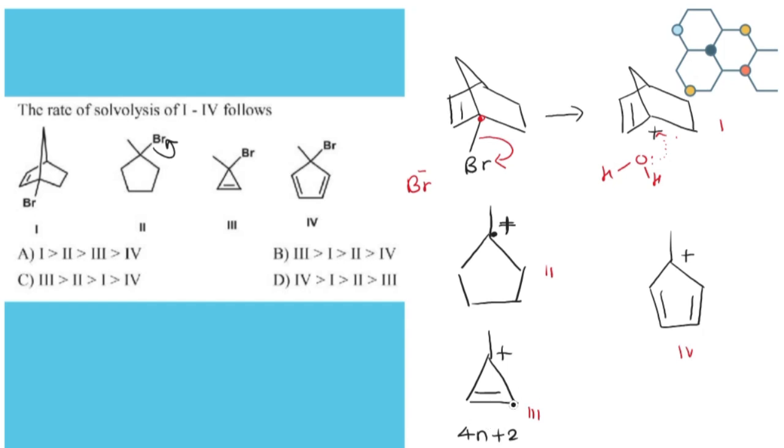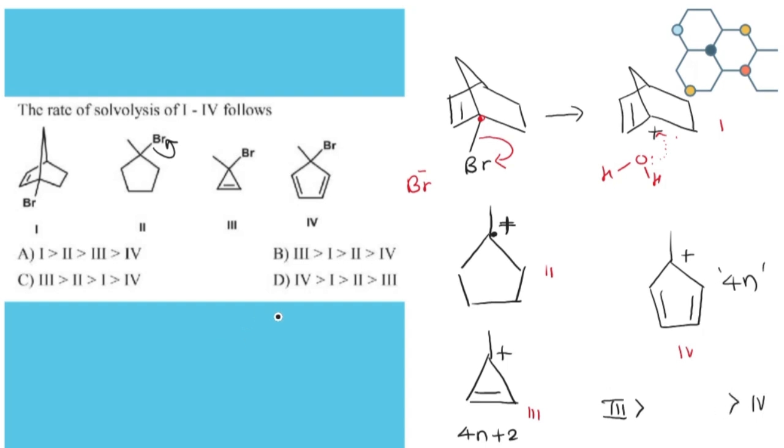Therefore, this is more stable. That means it is undergoing the highest solvolysis. So, 3 is the highest. Which is the least? Whichever is part of the anti-aromatic. As I told you earlier, this is anti-aromatic as it is cyclic, planar, there is conjugation and it is obeying Huckel's 4n rule. So this should be the least.